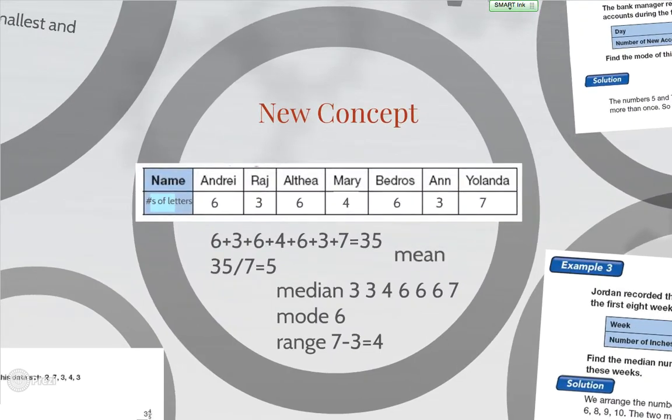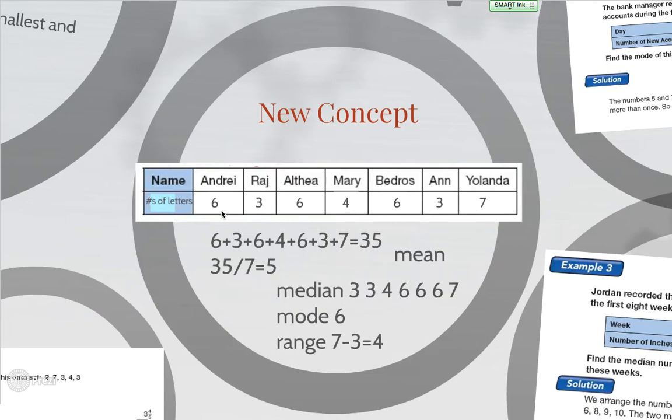Here's your new concept for today. There's three things that we're going to be talking about, and the first thing is the mean, which is an average. The way to take the mean of something, say we had a list of names, and we wanted to figure out what is the mean of how many letters are in their names. We count all the letters of the name, and we have them already written down here in this data set.